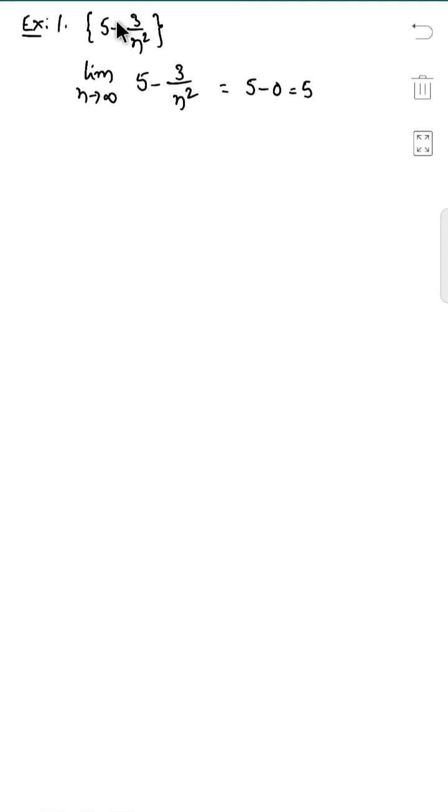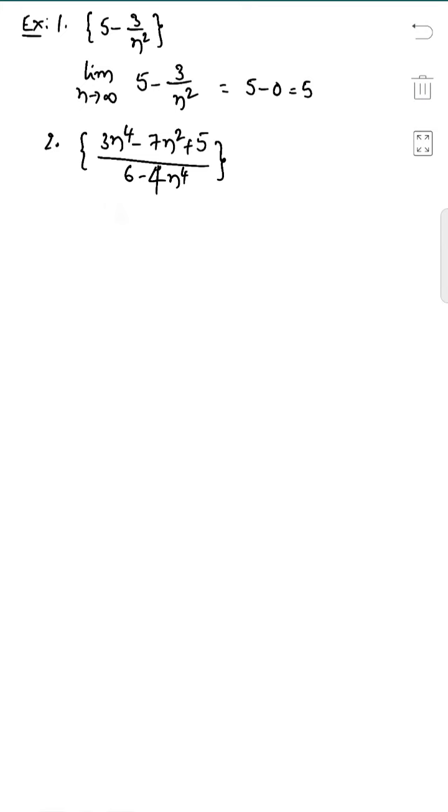So this sequence converges to 5. Suppose another sequence is given, (3n to the power of 4 minus 7n square plus 5) divided by (6 minus 4n to the power of 4).